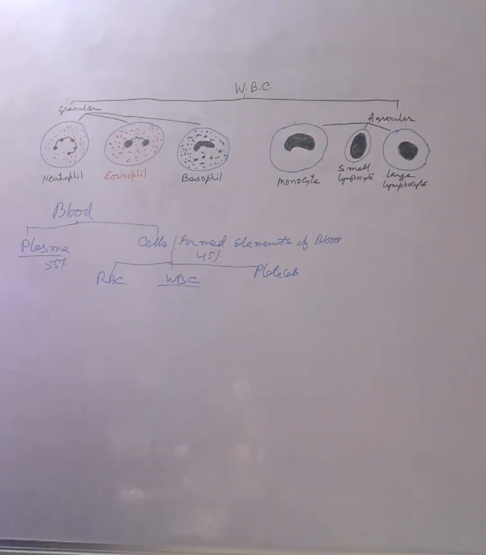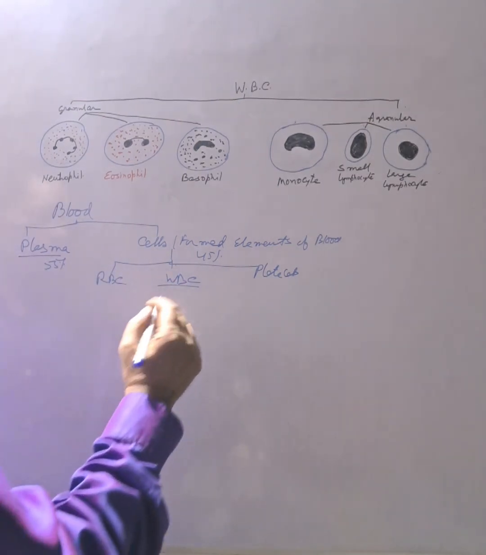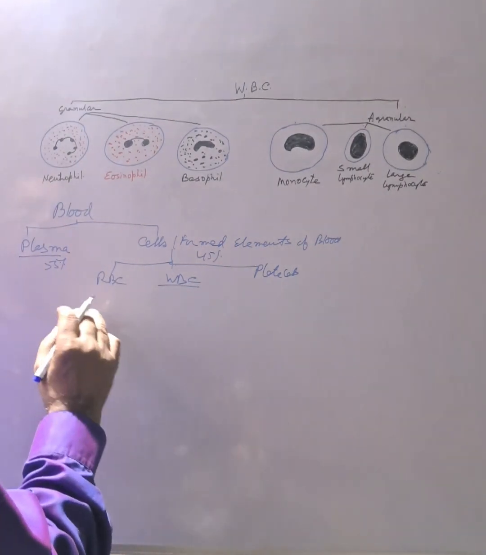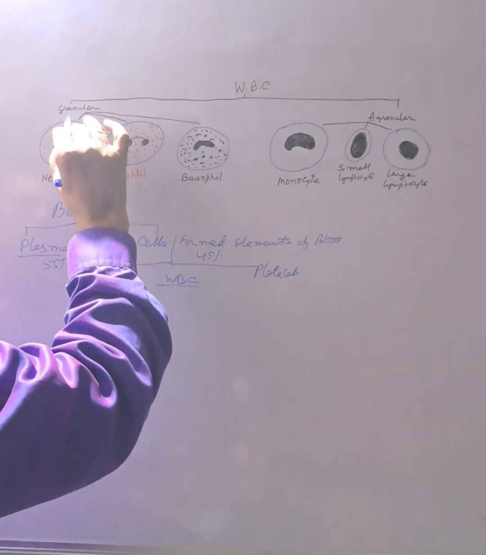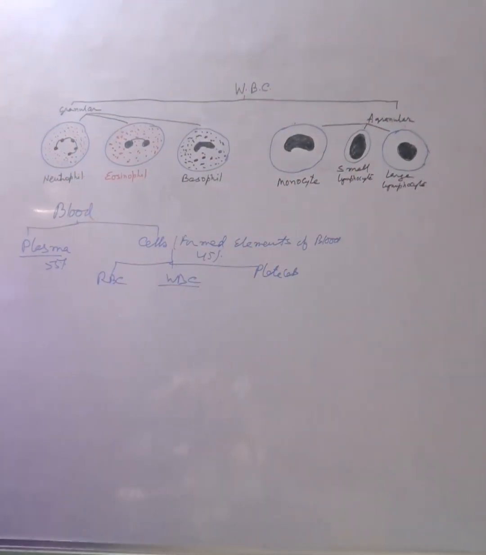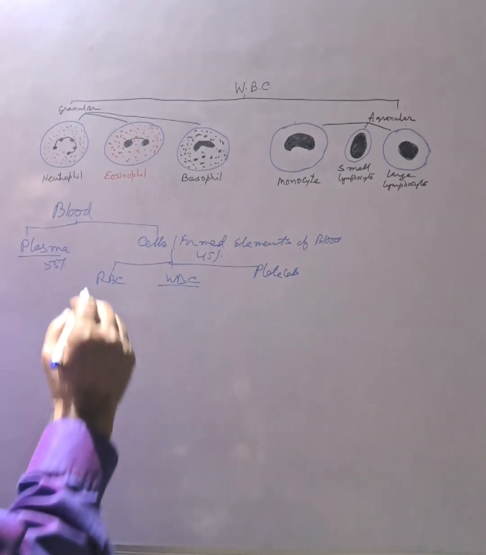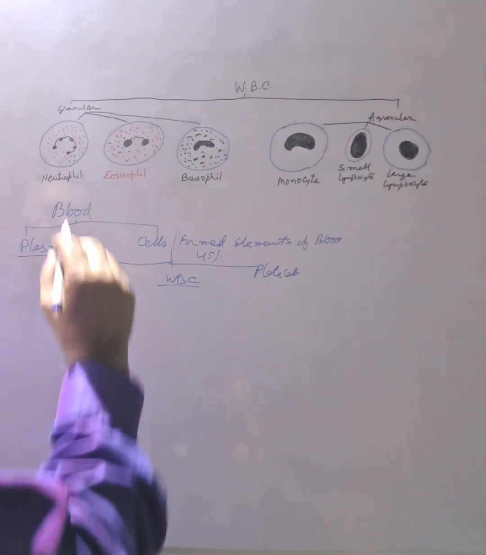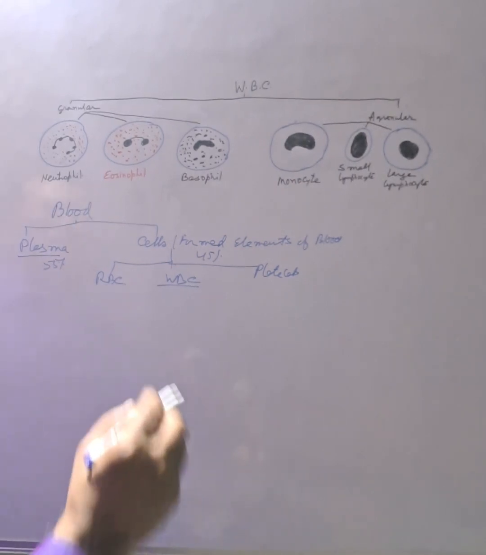WBC is a type of cell present in blood. Now, WBC is divided into two groups, granular and agranular, depending upon the presence or absence of specific granules in the cytoplasm. Granular cells contain specific granules in their cytoplasm.